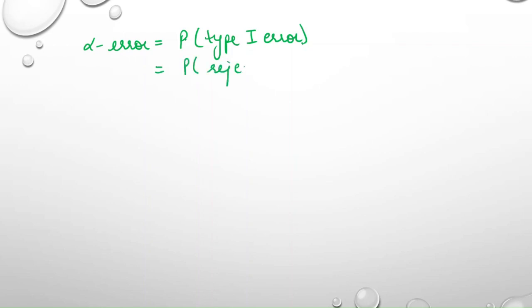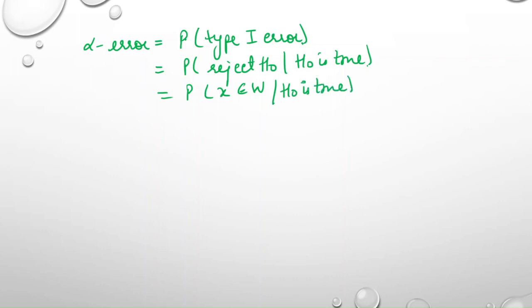Alpha error is the probability of the type 1 error, which is reject H naught when H naught is true. That means X belongs to W, the rejection region, when H naught is true.